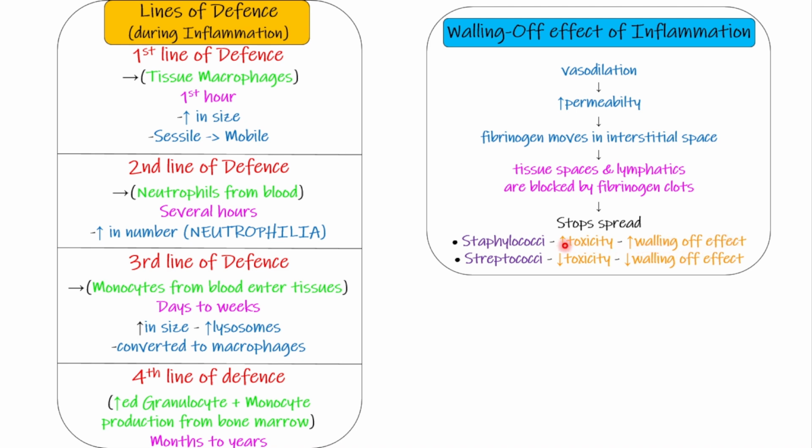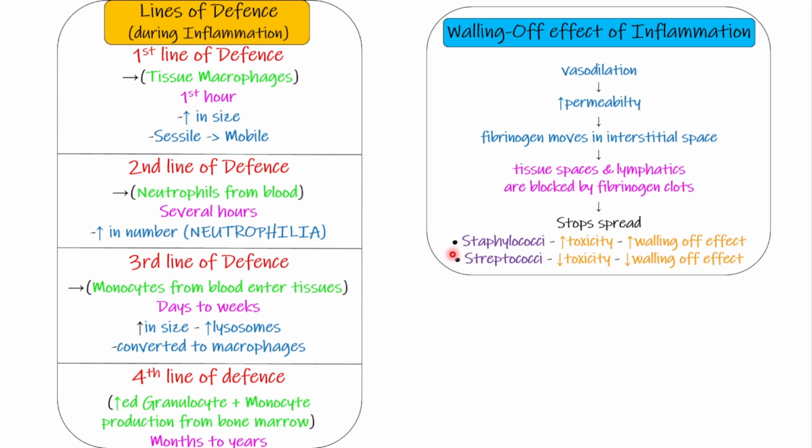The body doesn't want any microorganism which has increased toxicity to spread to the whole body. That's why the walling off effect will be greater in those microorganisms like staphylococci, which has increased toxicity. Whereas the walling off effect will be very weak in the case of those organisms which have decreased toxicity, just like streptococci.